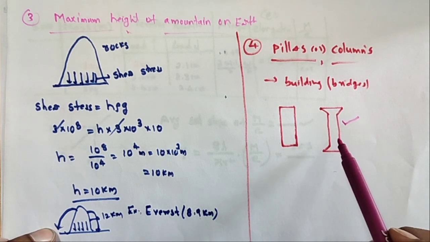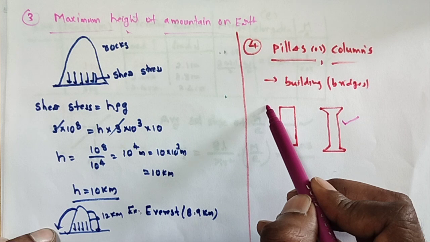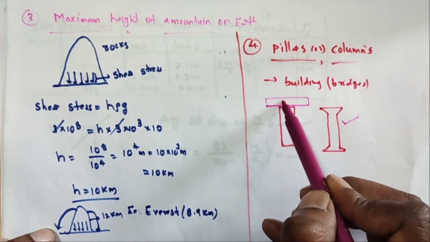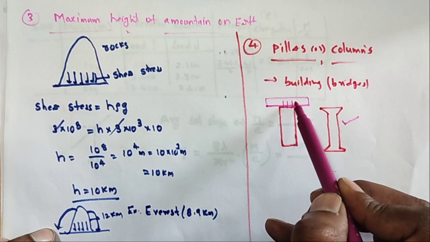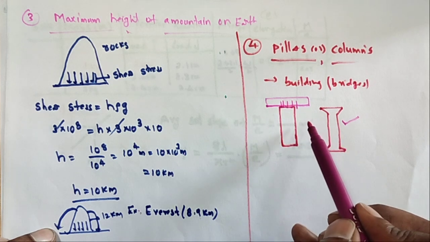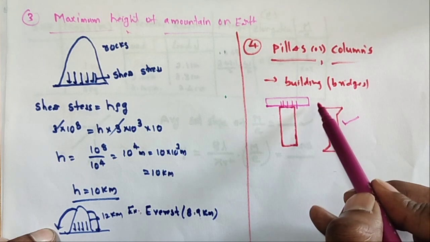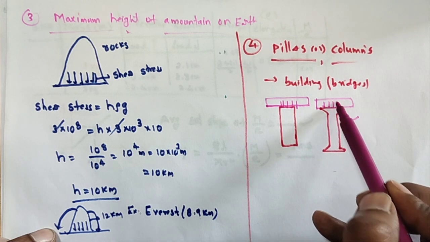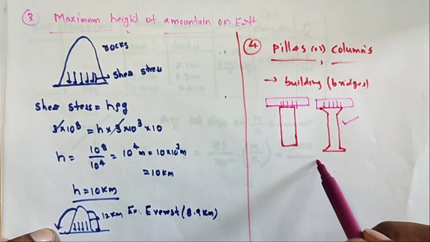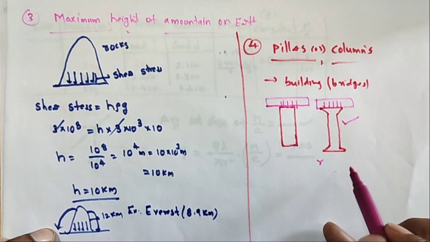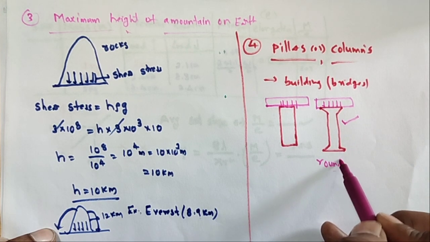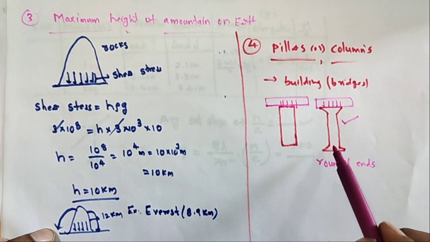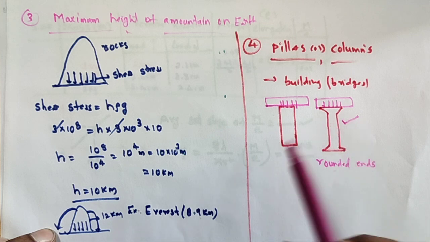So what is the reason? When a bridge is there like this, the force is acting. Less force is acting in this one, less force in this one, and more force is acting here. So in the rounded ends, the rounded ends support more loads.